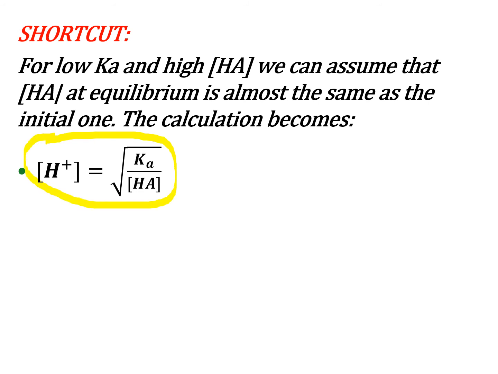Once you solve for the concentration of H plus, you need to check that the percent ionization is less than 5%. That's where the 5% rule comes in.